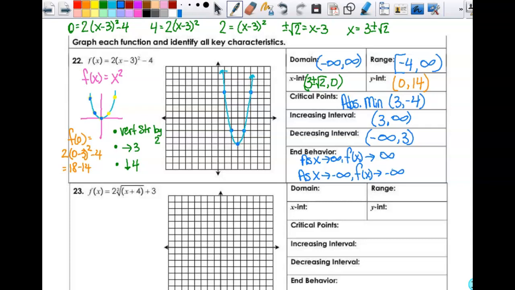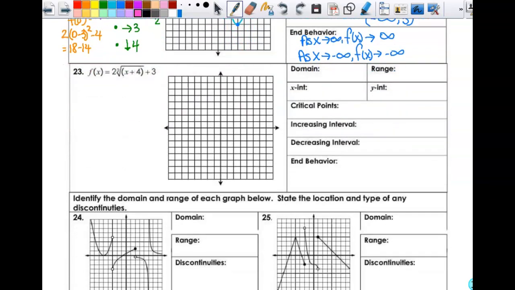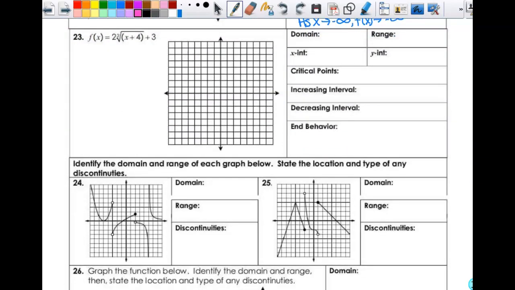Now let's look at the next one. Okay, so this is a cube root. I draw my little parent function here. Put in my anchor points.